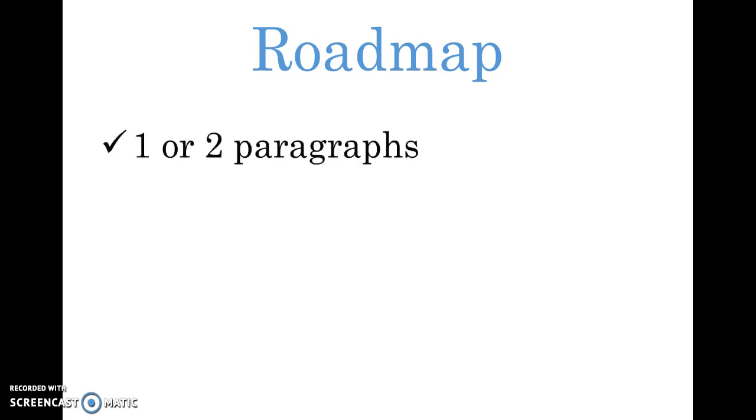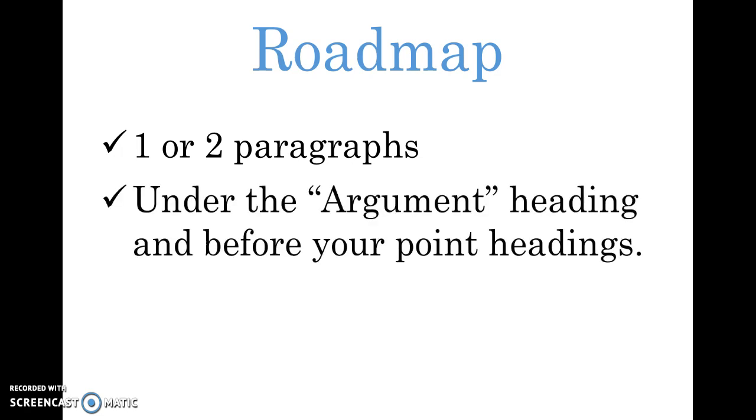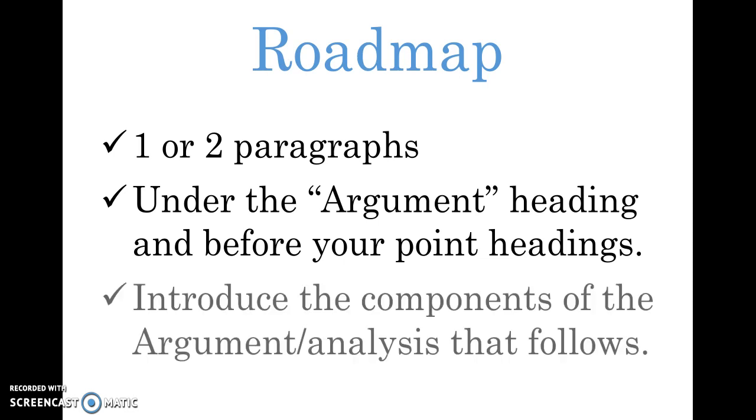Similar to last semester, the roadmap will be one or two paragraphs. It will be located under the argument heading and before any point headings. And you will use the roadmap to introduce the components of the argument and analysis that follows. So it's essentially an introduction to your argument.